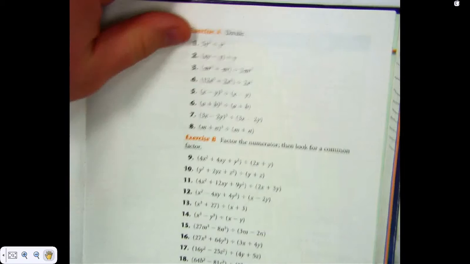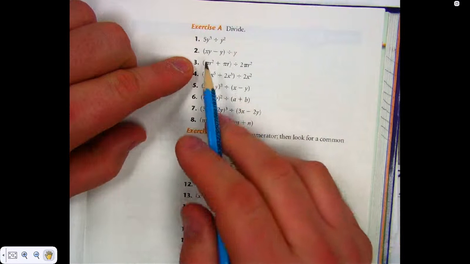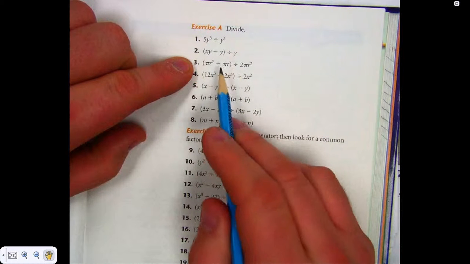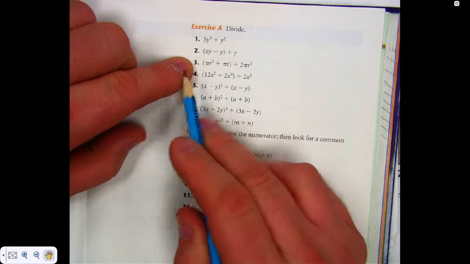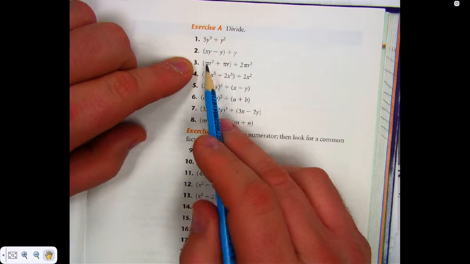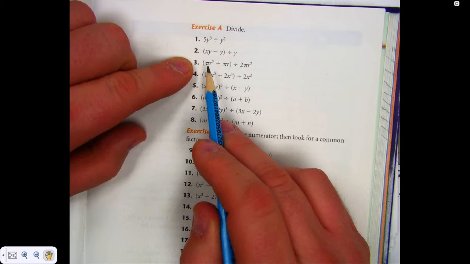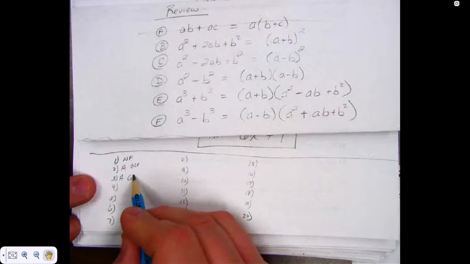This one right here. Well, it's not anything squared though, right? Because the pi's are the same. Does it look like you have some things you could factor out? They have pi's in common, right? And they have an r in common. Could you factor out pi r? A GCF? So it's more like A, isn't it? You're going to factor out a GCF.